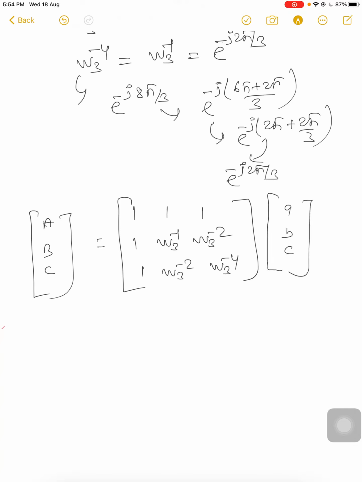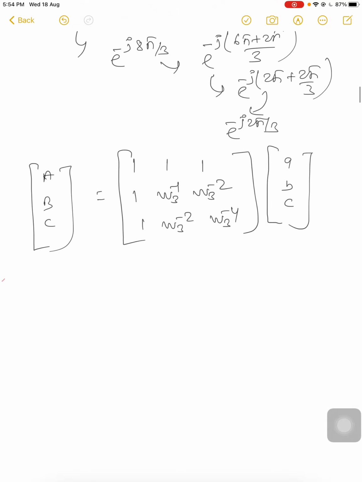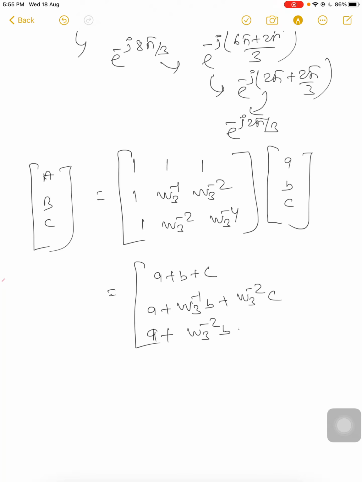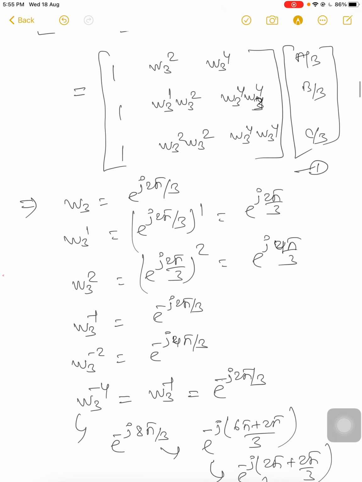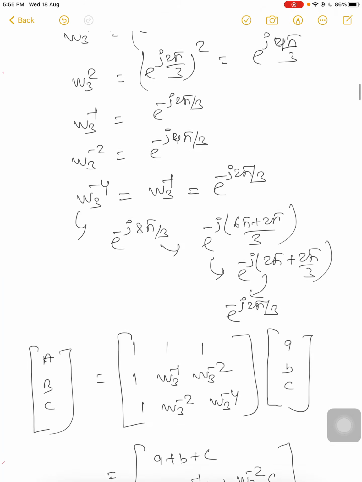Okay, so what will happen? ABC will be nothing but A plus B plus C, and A plus w3 minus 1 B plus w3 minus 2 C, and A plus w3 minus 2 B plus w3 minus 4 C. Like this way you will get ABC, and put it in equation 1.